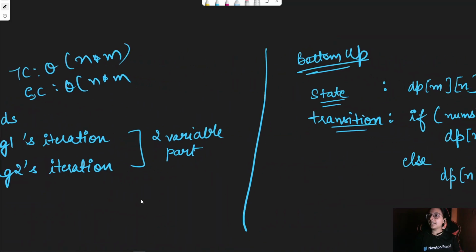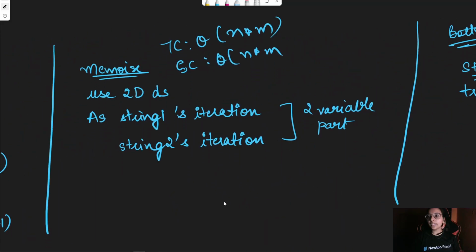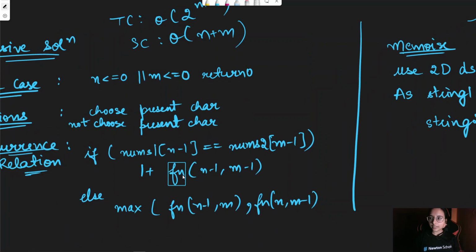And now comes the part about the bottom-up solution. As I earlier told, how we go ahead with the bottom-up solution is that whatever function was here, we will directly make into a DP, basically a table. We will convert this function into a vector, and the way we were assigning the memoized values to a particular vector or any other data structure, like that only we will be assigning this.